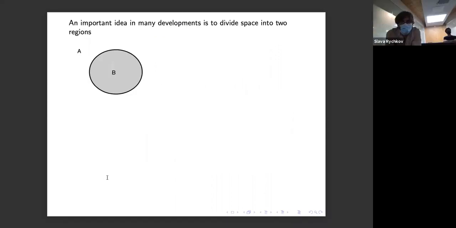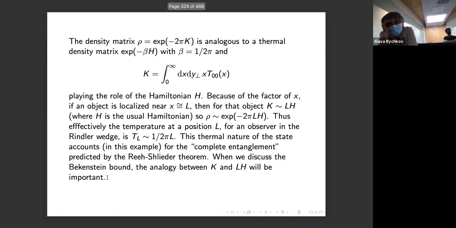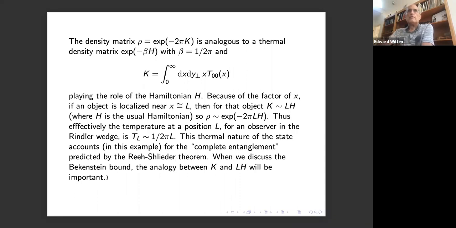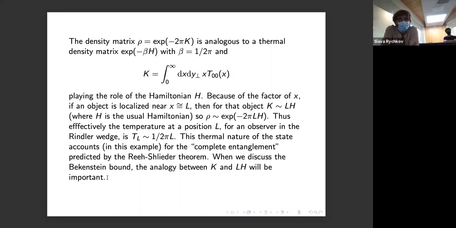Now, can I ask, I'm a bit destabilized, Edward. Because in your first lecture, you said very strongly that we are not allowed to think that the Hilbert space is factorized. We are not allowed to think of density matrices. So now we went back to the density matrices that we all thought about for a long time.